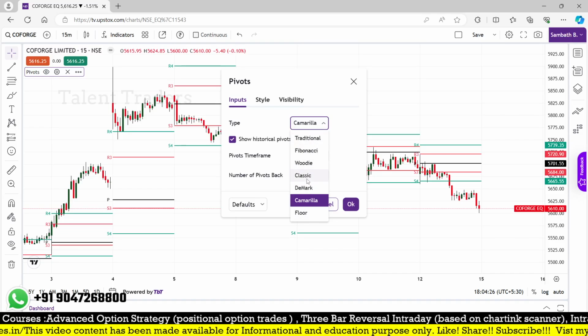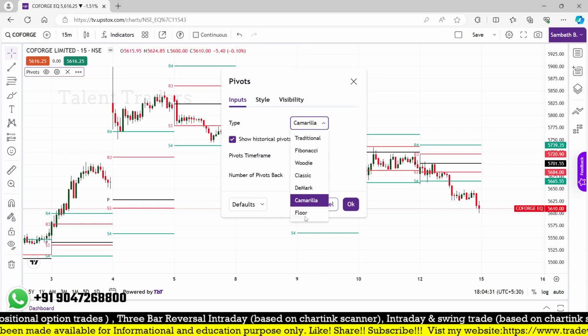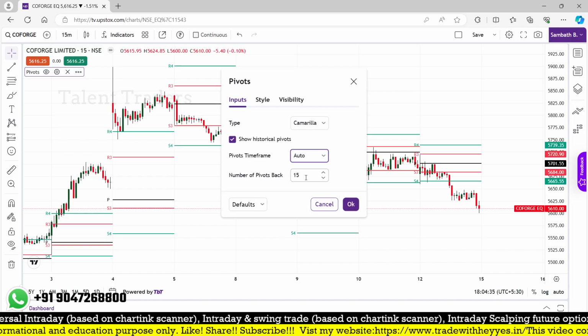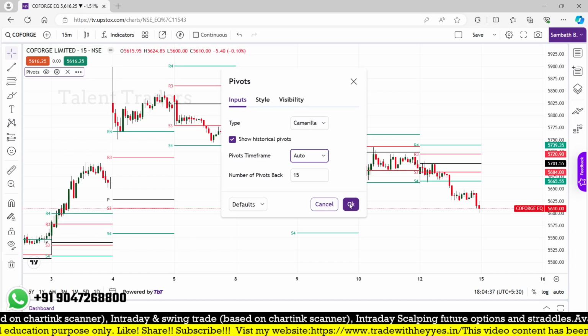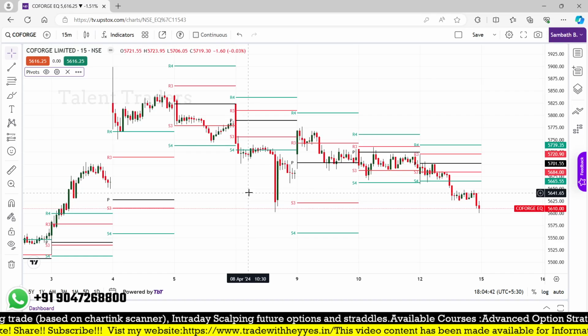It may be a traditional pivot, Fibonacci pivot, Woodie's, Classic, or DeMark, but I'm using the Camarilla pivot, with the period on auto, and I'm just looking at a 15 days back period. That's it. You can add it in your scanner and change whatever color you want.